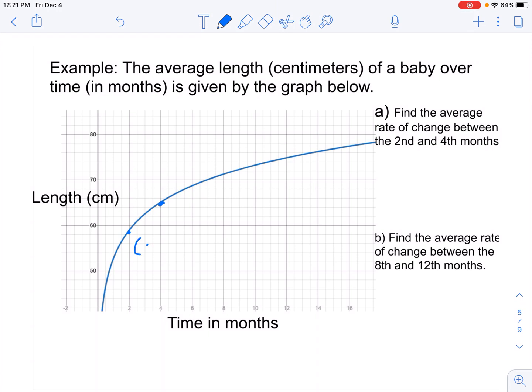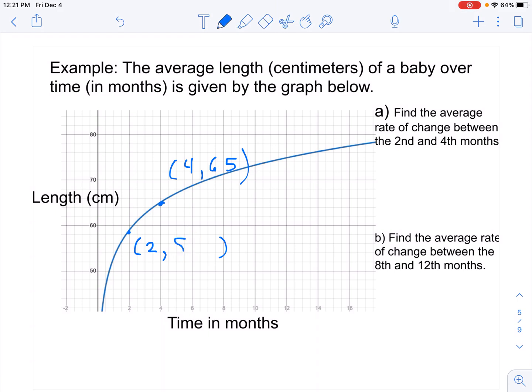So this is at 2, 4, 6, 8. 58.5, and this is over 4, 62.4, 65 maybe? And maybe I'll just call this 58.9, just to make it a little bit easier.